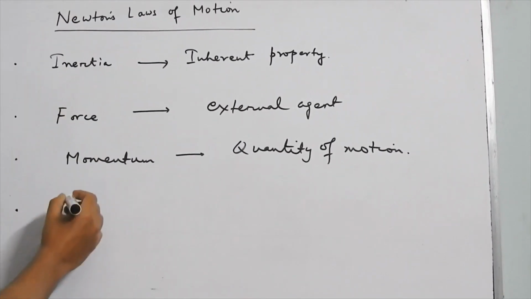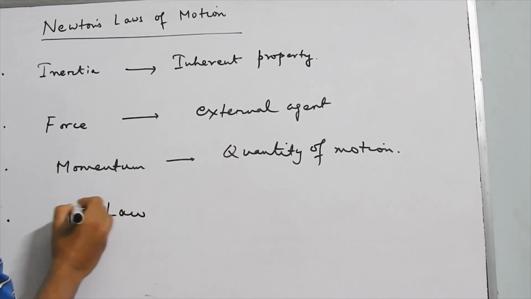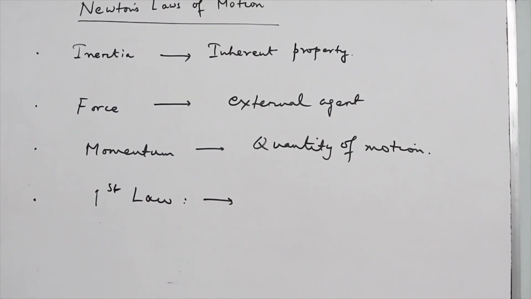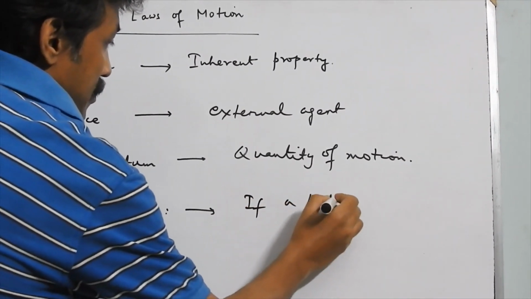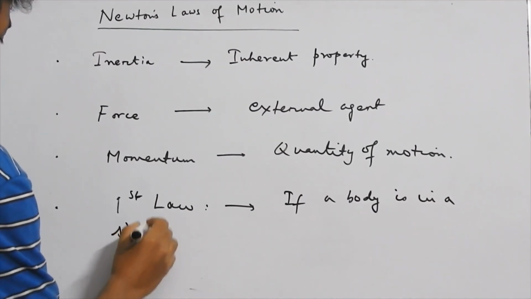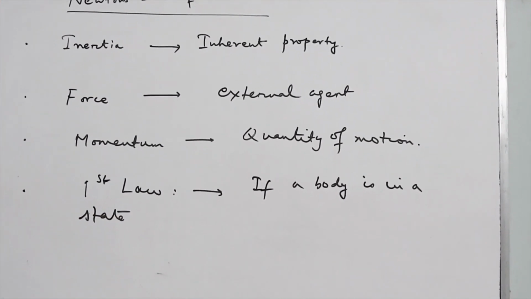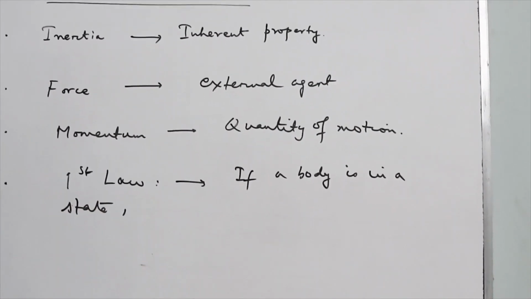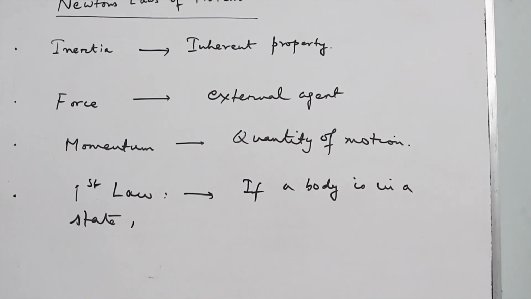So we come up with Newton's first law. The first law of motion will state this: if a body is in a state of rest, or if a body is in a state of motion, it will continue to remain in that state. It will maintain its inertia, which is the inherent property of every object.